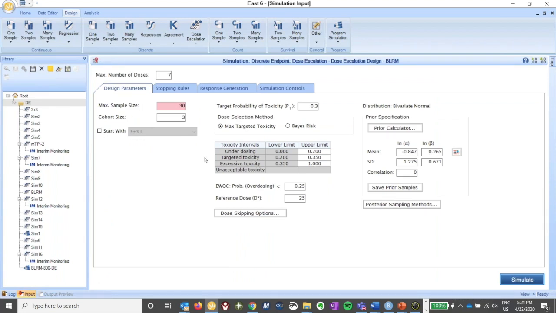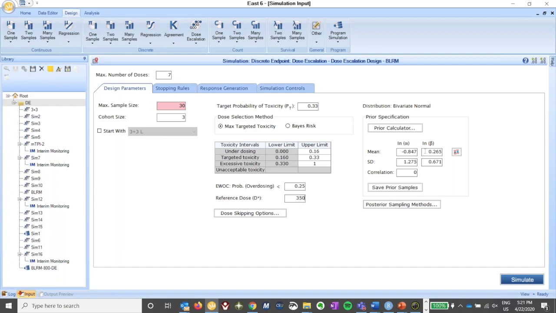In the first tab, you would specify what your target probability of toxicity is, if you have a single number. But also remember, these are the intervals that were also specified in the paper. So the targeted toxicity interval is anywhere between 16 and 33%. The reference dose that was used was 350 mg, and the probability of overdosing was capped at 25%.